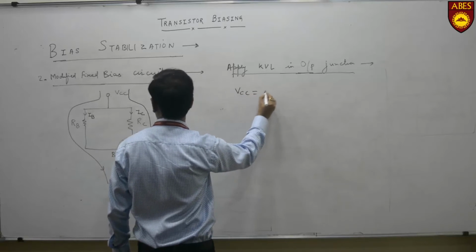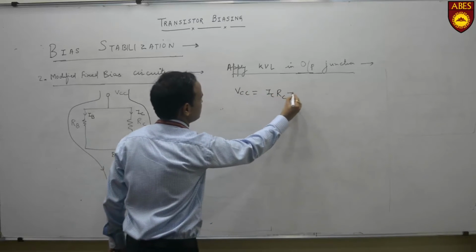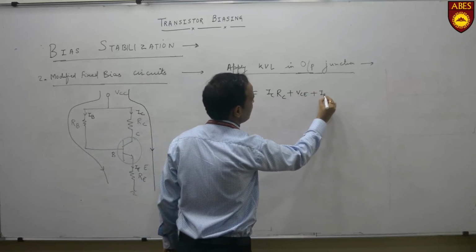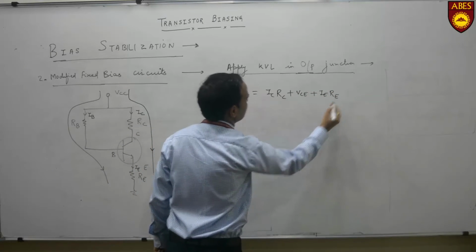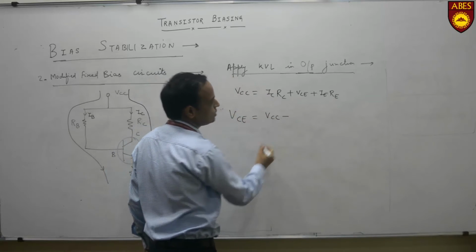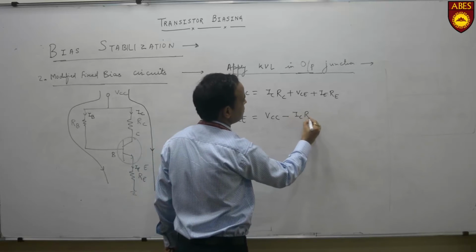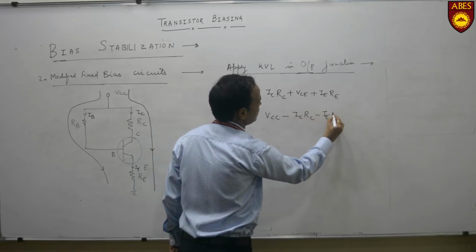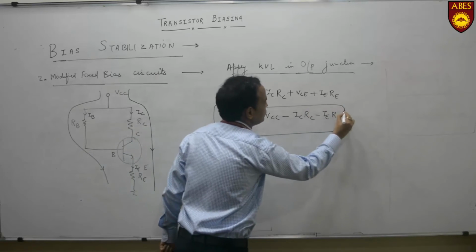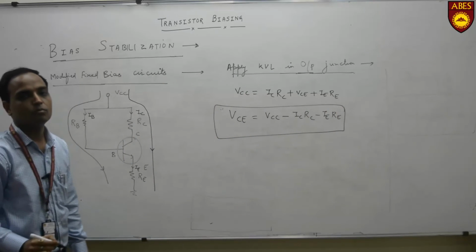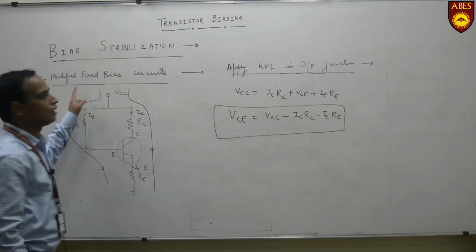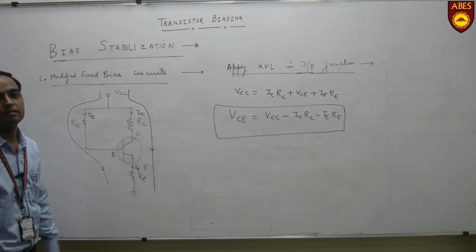So VCC is equal to ICRC plus VCE plus IERE. So from here VCE comes out to be equal to VCC minus ICRC minus IERE. So hence we have established both the coordinates of the operating point in a modified fixed bias circuit.